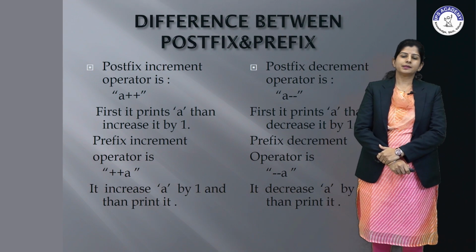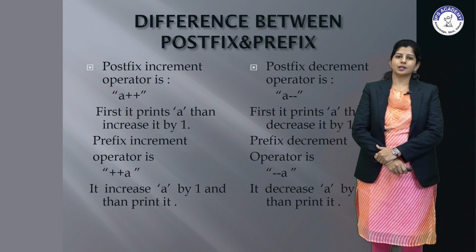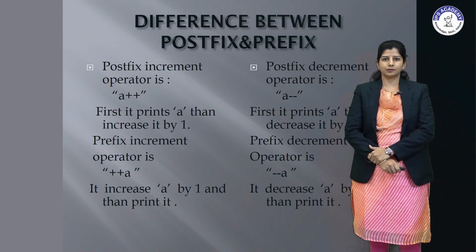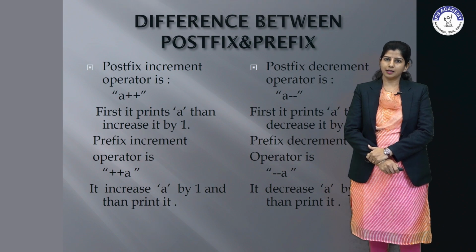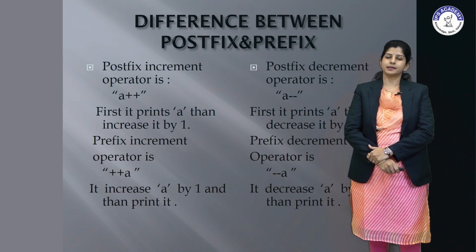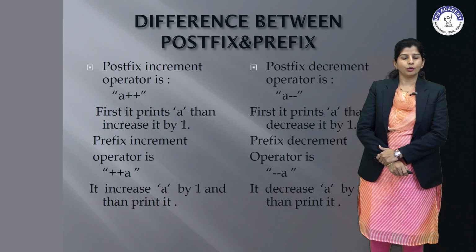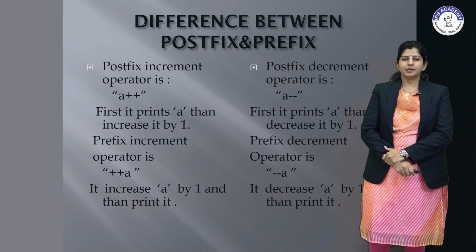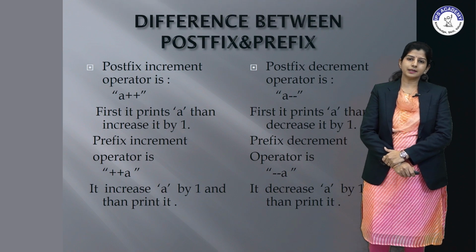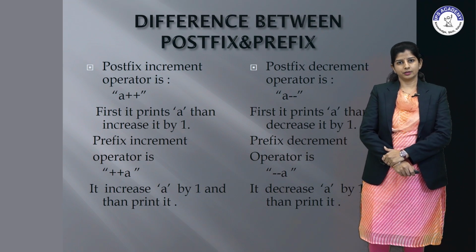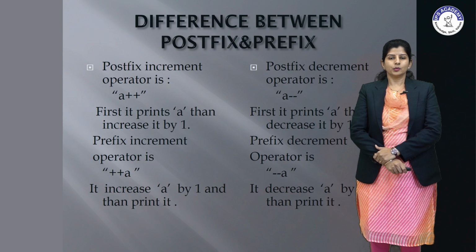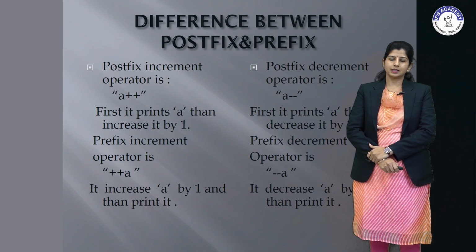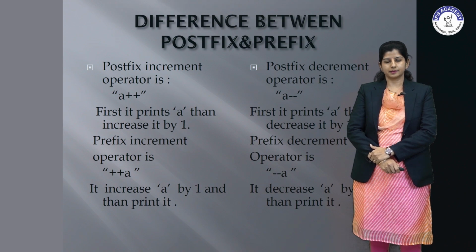Then the prefix increment operator is just the opposite: plus plus a. Again, a is an int variable, and if we write plus plus a, what is the value of a? It will increase it by 1. This means prefix first increases the value and then prints. Same here for the post decrement. Post decrement is a decrement operator, just like a minus minus.